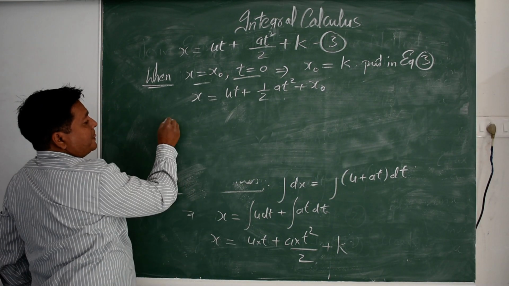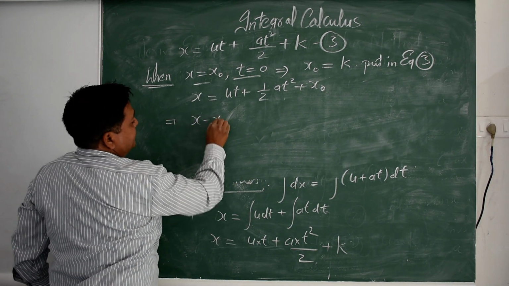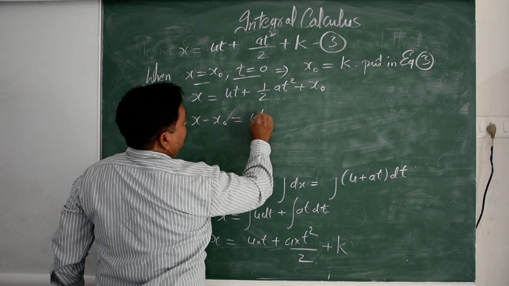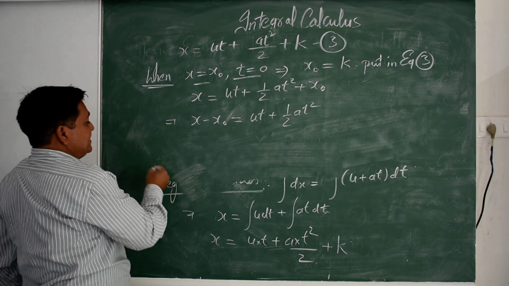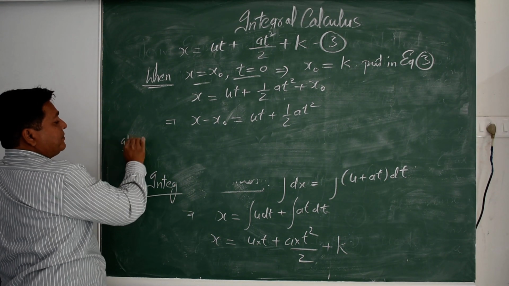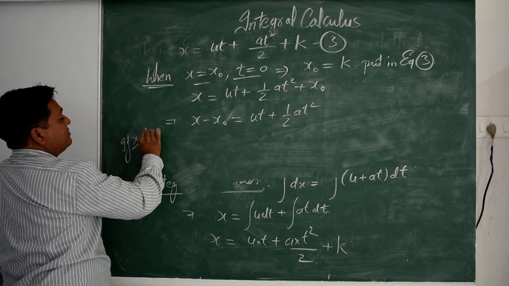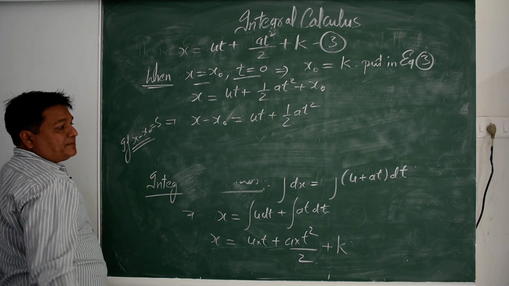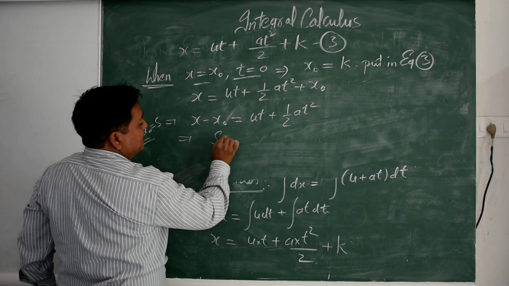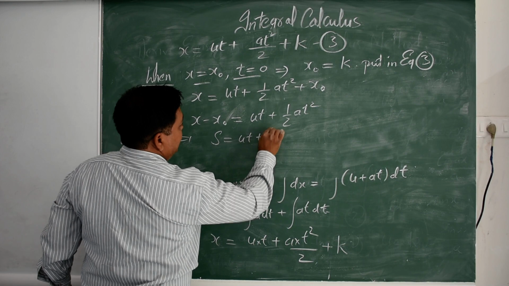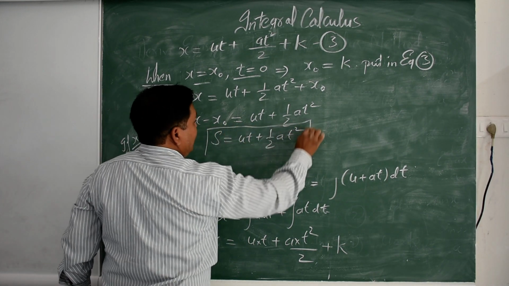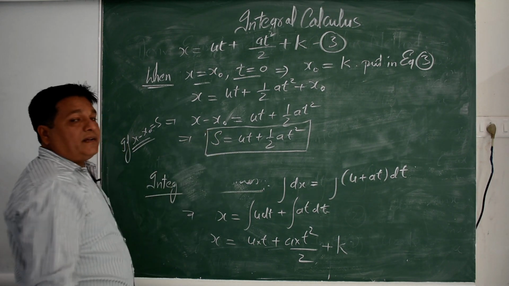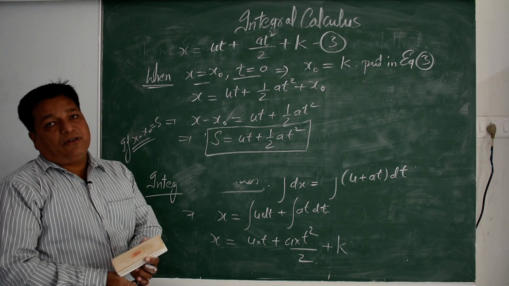What do we get here? x minus x naught is equal to ut plus half at square, and if we suppose that x minus x naught is equal to displacement s, then our equation becomes s is equal to ut plus half at square. This is the required equation of motion, the second equation of motion.